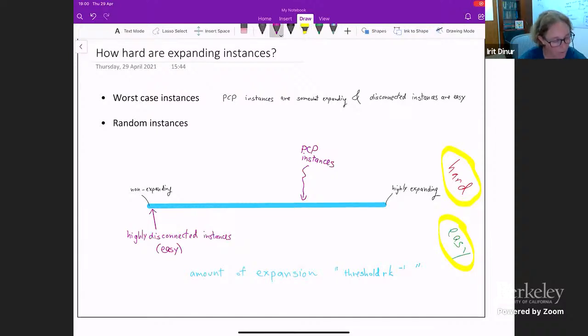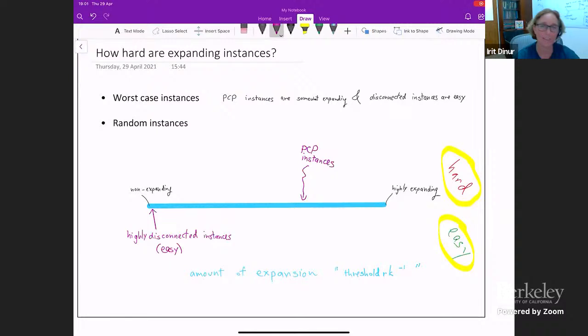And we also know, it's kind of trivial, that highly disconnected instances are easy. If each clause involves completely different variables, of course it's easy to solve your 3-SAT. In general, if your instance consists of small connected components, you can solve each component, even in time exponential in its size.